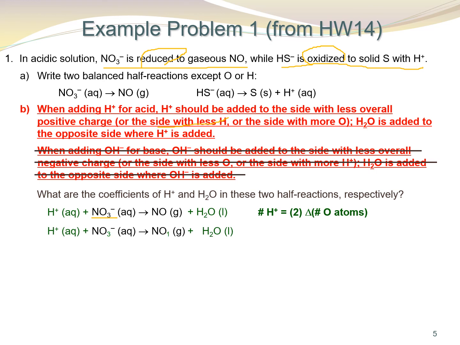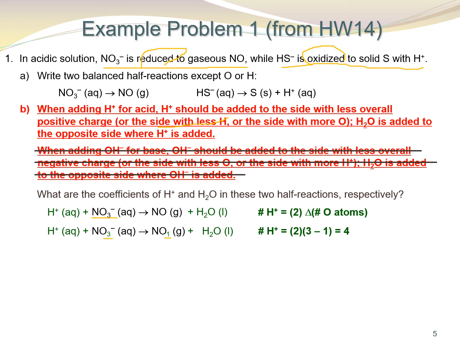I just want you to notice when we look at oxygen, before we add the coefficients to the water, on one side I got 3 oxygen, on the other side I got 1 oxygen. The difference in number of oxygen is 2, 3 minus 1, so the total number of hydrogen must be 4, because it's going to be twice as much. The stoichiometry of hydrogen to oxygen in water is 2 to 1.